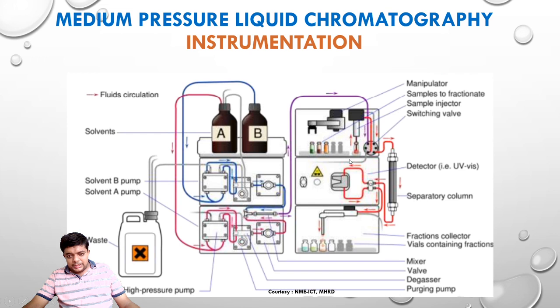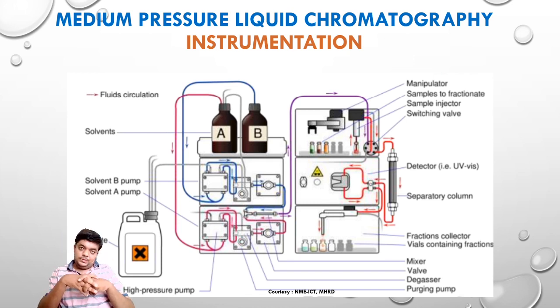It goes into the detector, and along with the detector it goes into the fractional collector, and the fractions are collected. For example, from this green sample, if there are three components, then component 1, component 2 and component 3 are automatically separated depending upon their lambda max from the UV visible detector.